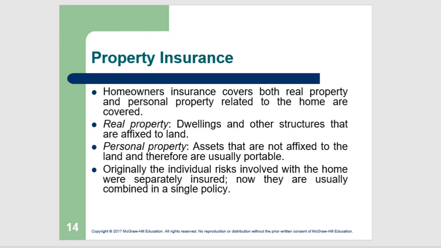That would be separately insured, and then personal property. If you go back far enough, each individual possible risk was insured along each individual property, but now they're usually combined into a single policy, and there are different types.